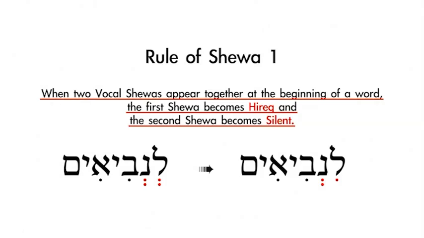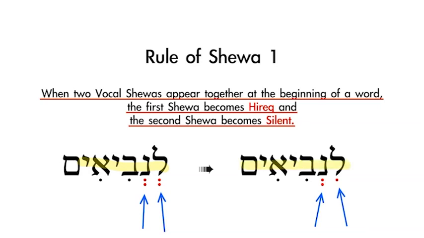Here we have a word that begins with two vocal Shewas. In Hebrew, this is not allowed. You cannot begin a word with two vocal Shewas. So what happens? The first Shewa changes into a hirik, and the second Shewa becomes a silent Shewa because it's now immediately preceded by a short vowel. So in example 1 on the left, we have two vocal Shewas.